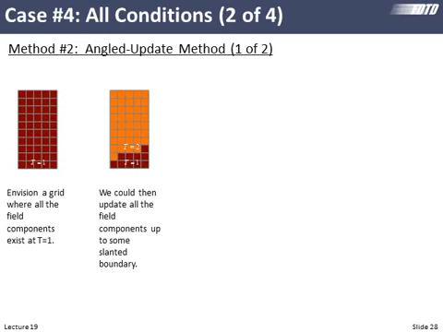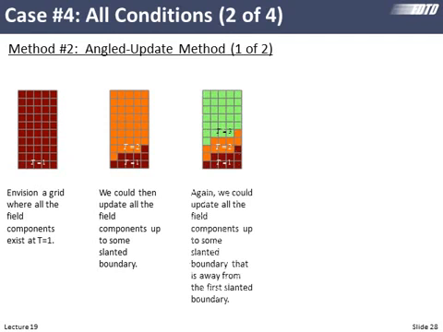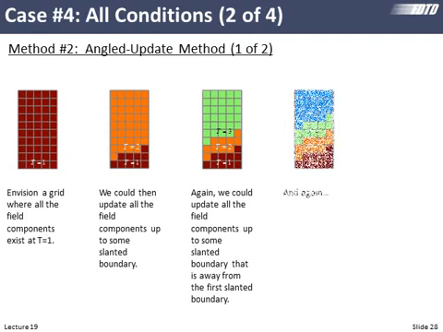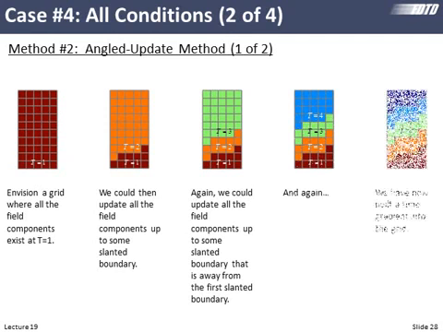And so now we have most of the values in this grid existing at our next time step, but some of them are still existing at the previous time step. Now we could go in and we could do our next round of updates through most of the grid to the third time step, but leave that little layer of cells at the second time step and the other little layer of cells at the first time step. Now we're in a position we could do the fourth and even the fifth.